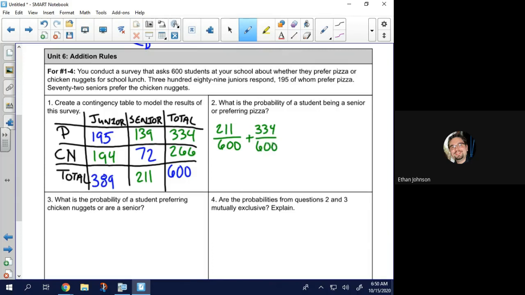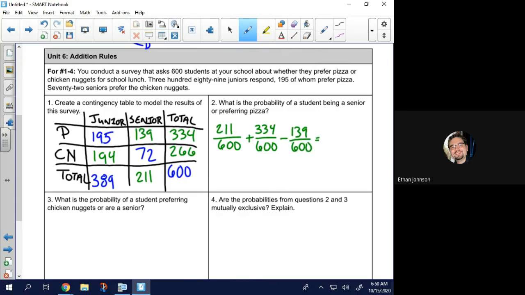But then we need to see, are these mutually exclusive? Do we have an overlap? In other words, do we have seniors that prefer pizza? Which we do. We have 139 of them, so we need to subtract that overlap. Minus 139 out of 600.